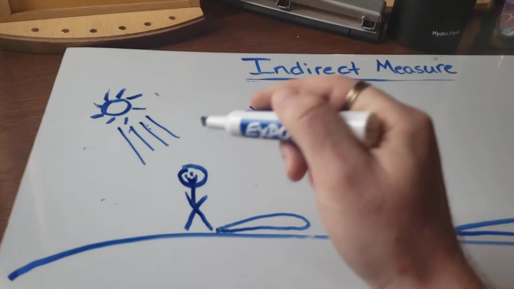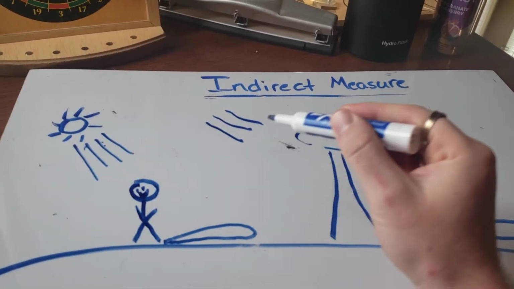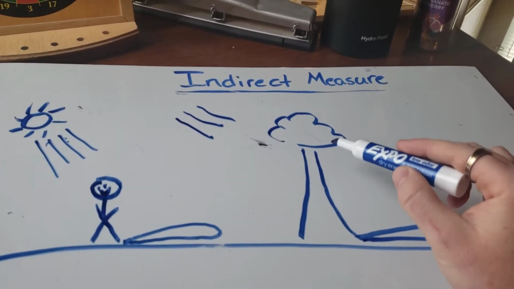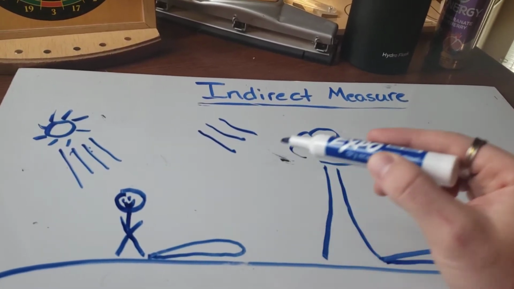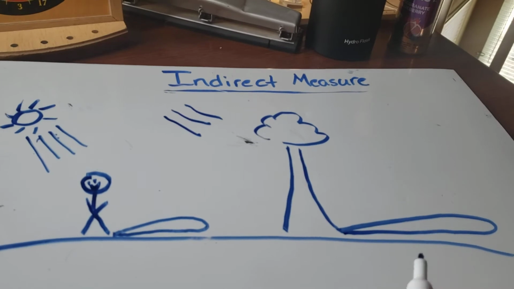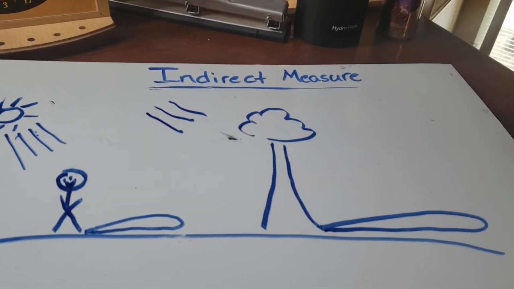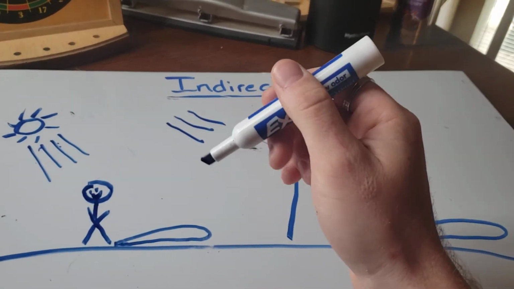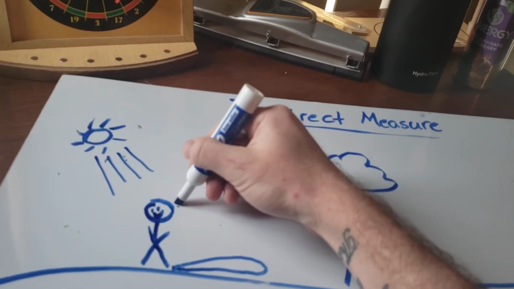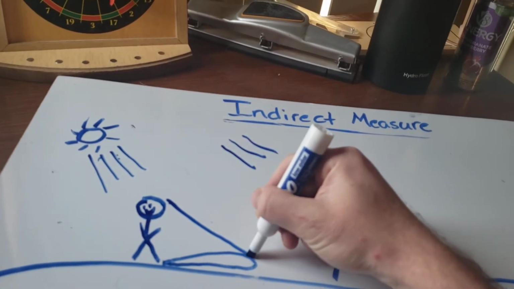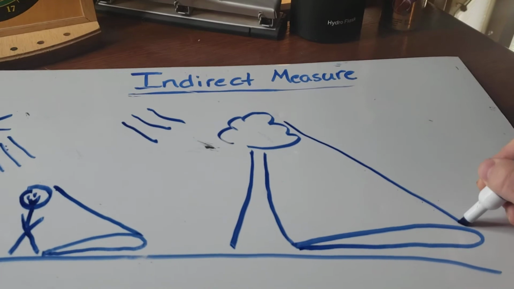But because the angle at which the sun is hitting you is the same as the angle at which the sun is hitting this tree, you and the tree are actually forming similar triangles. So it may not look like we have a triangle just yet, but the angle at which the sun's rays are hitting you gives us the third side of our triangles.